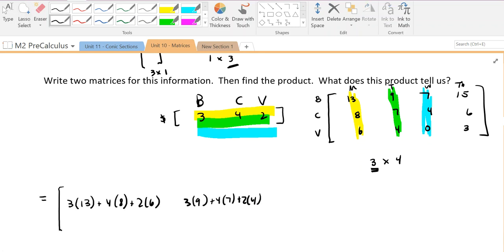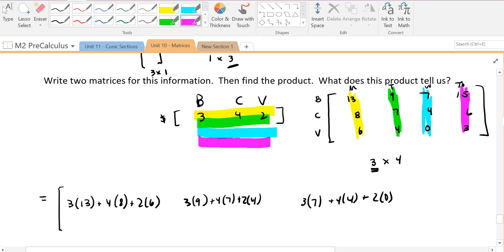Advantage of technology. 3 times 7, 4 times 4, plus 2 times 0. Nobody wanted veggie ones that day. Okay. And last but not least. Okay. And that's 3 times 15, plus 4 times 6, plus 2 times 3.